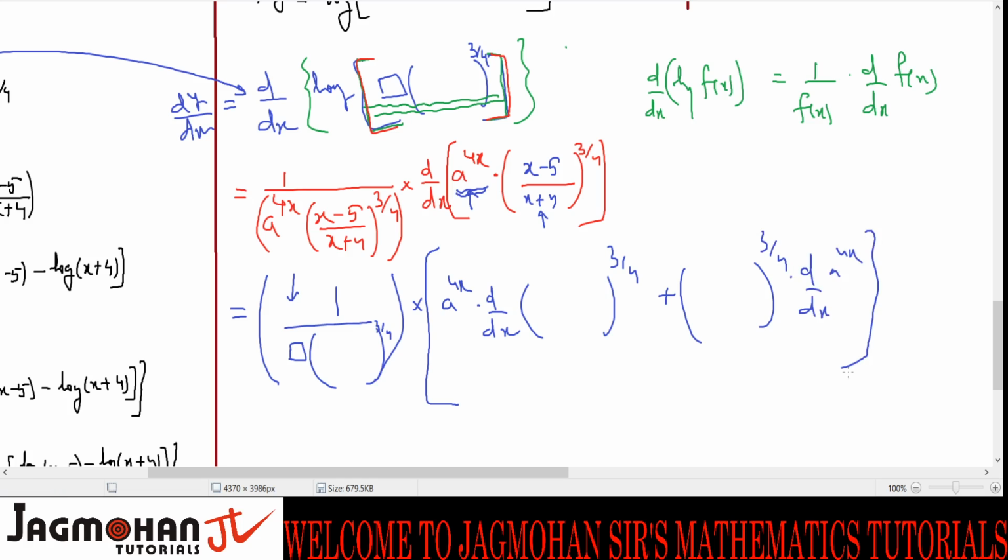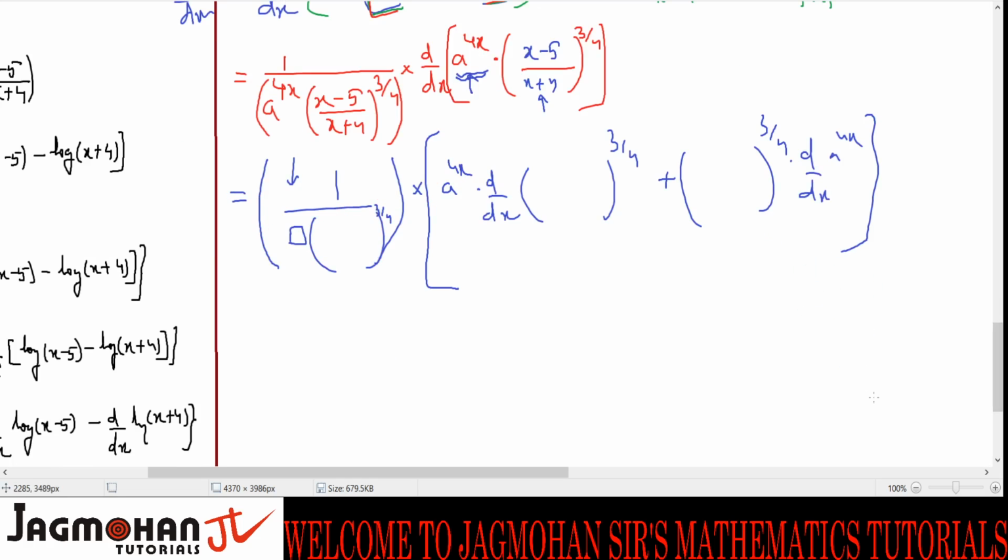And it is not yet over, my dear students, it is still to come. See now what will happen. Here you got another function. Now you have to differentiate d by dx of this thing. What kind of function is this? It is now variable raised to constant. Oh my god, this is going to be a big trouble.